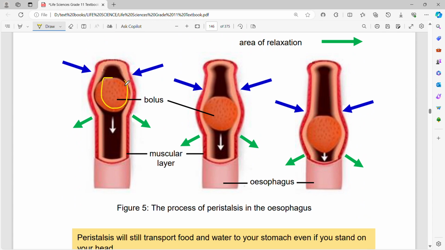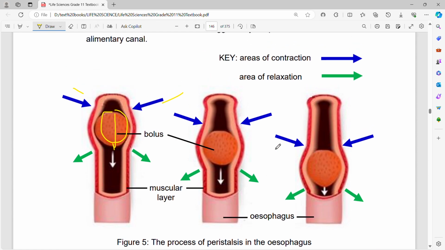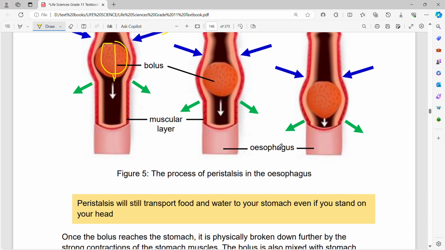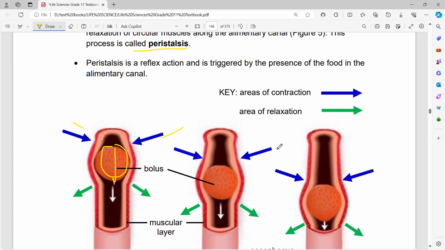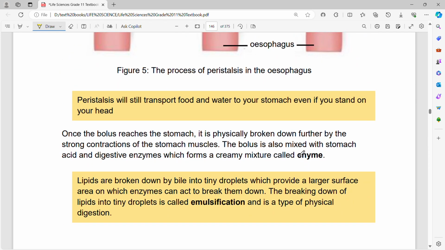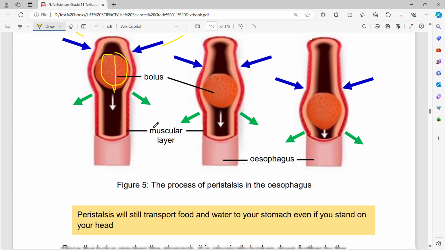This is the bolus which is coming down from the mouth, and green arrows mean relaxing, and blue arrows mean contracting. So food is coming down through the contraction and relaxation process. This is an example of mechanical or physical digestion, which does not involve any enzymes. No enzymes are being released in the esophagus.